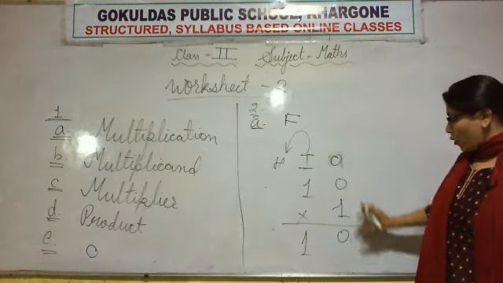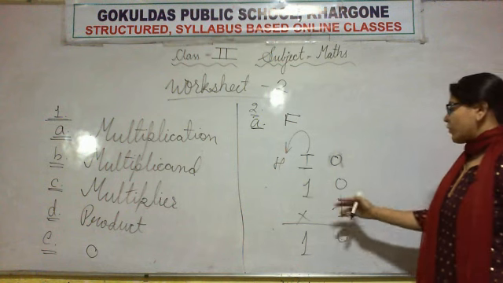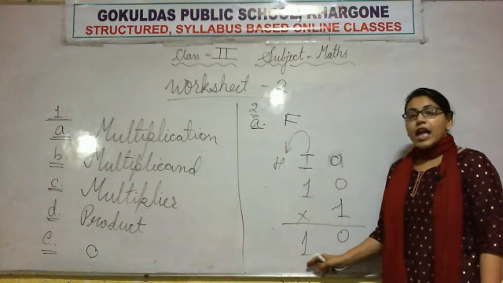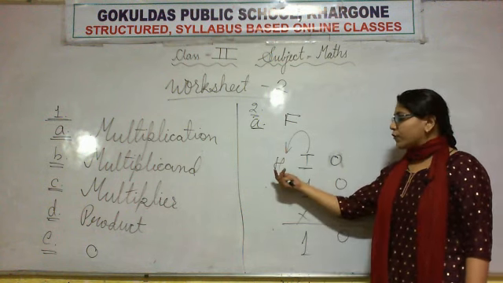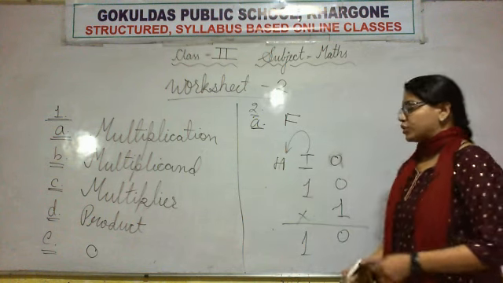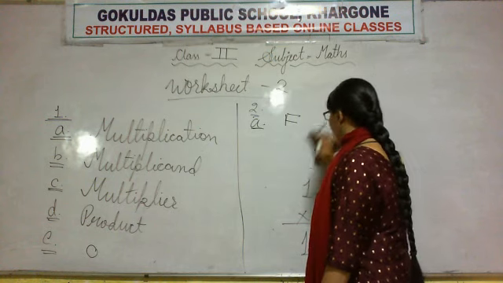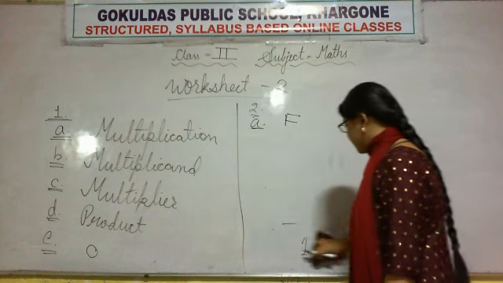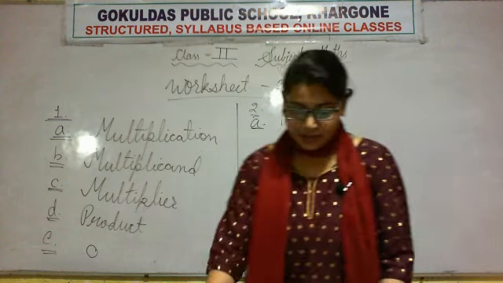When we multiplied in ones, we got the result in ones. The question is asking whether we get 1 place ahead or not. We did not get 1 place ahead. That is why the statement is false.